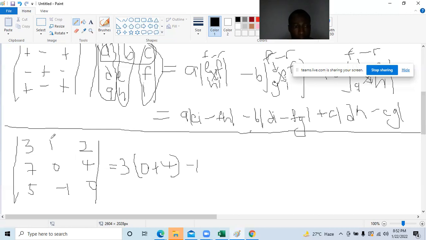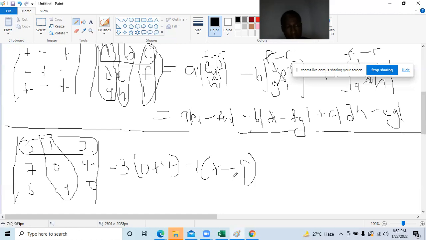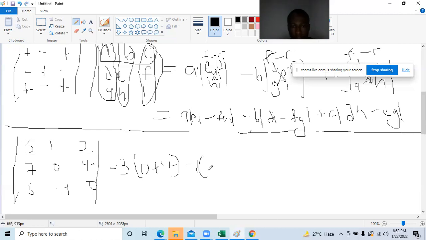So I'm taking out this plane and this plane. So I'm left with 7 times 0 minus 5 times 4. I want to take 7 minus 9. This is plus 2.